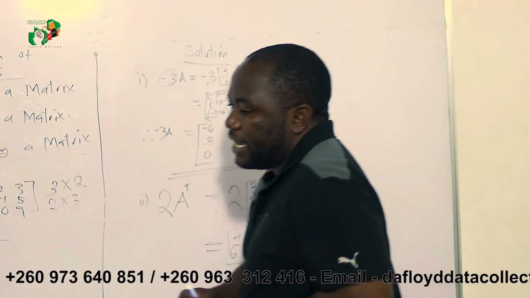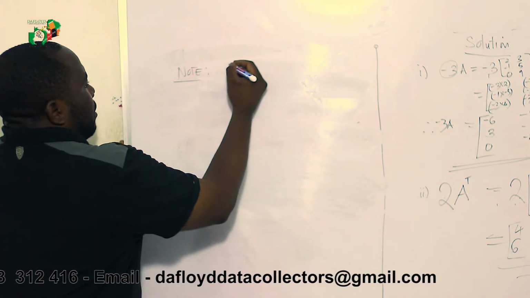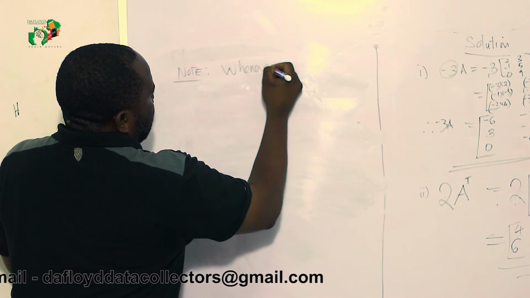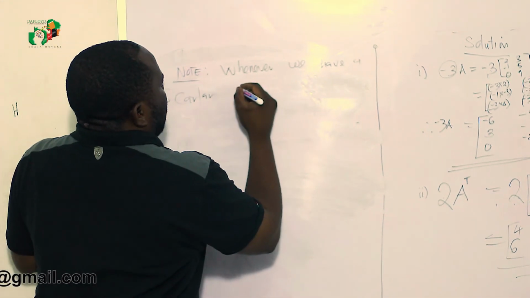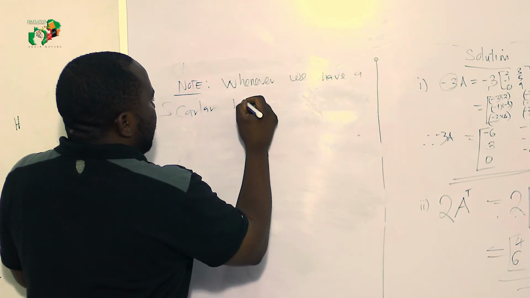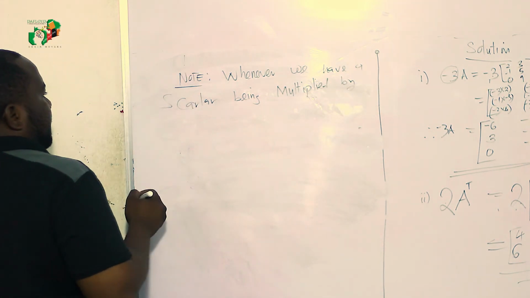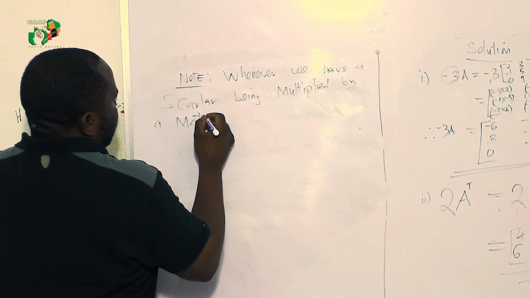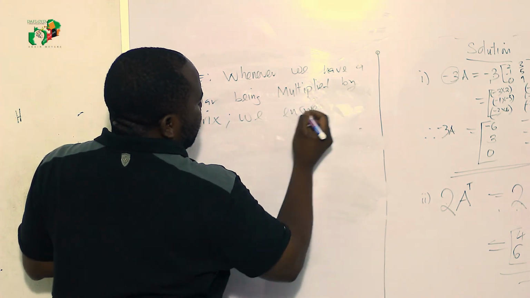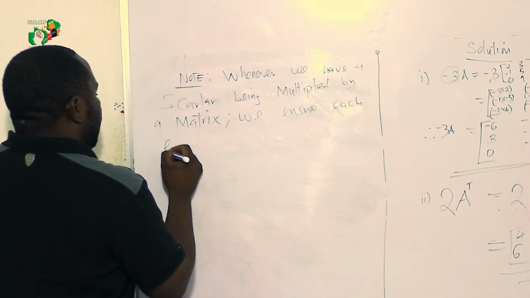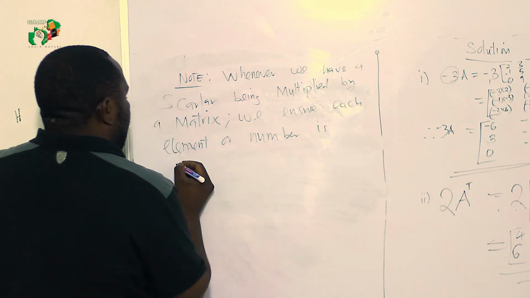So the note you are going to take, let me write it here. The note is that whenever we have a scalar being multiplied by a matrix, we must ensure each element or number is multiplied.